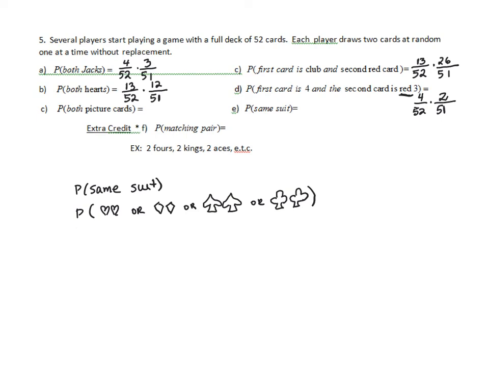So again, we're going to add these. So we're going to have the probability of the first heart and then the second heart, plus the probability of the first diamond and the second diamond, plus the probability of a spade, spade, plus the probability of two clubs.